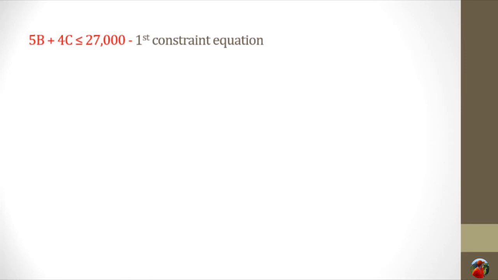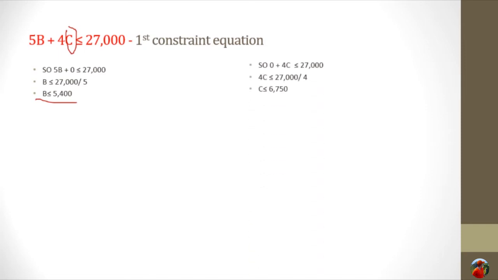So let's replace c with 0. So 5b plus 0 is equal to 27,000. Then b is 27,000 divided by 5, so b is equal to 5,400. Next, calculate the value of c. 5b plus 4c is equal to 27,000.